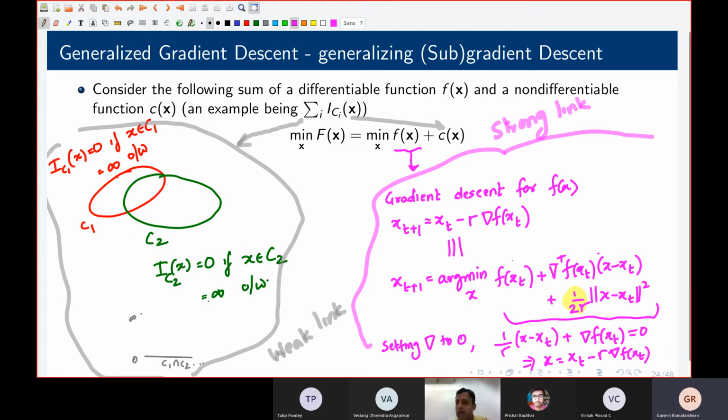This is the quadratic approximation to the function, right? So I'll look at the quadratic approximation to the function, minimize it, and then bring in C(x). Can I do it in parts? A lot of optimization is about that. We'll see some examples of bi-level optimization. In fact, we did bi-level in the midsem also, right?